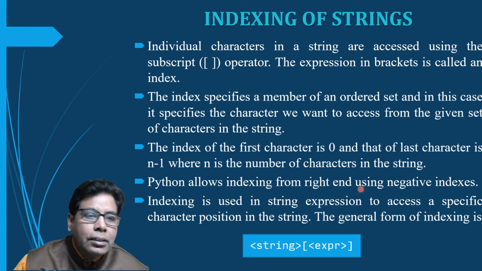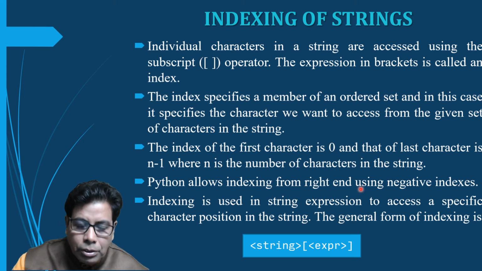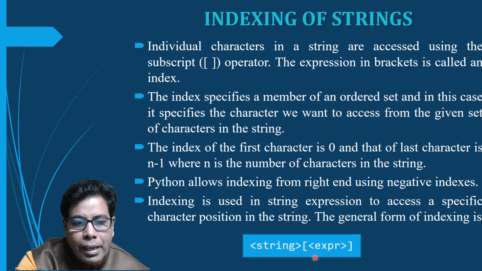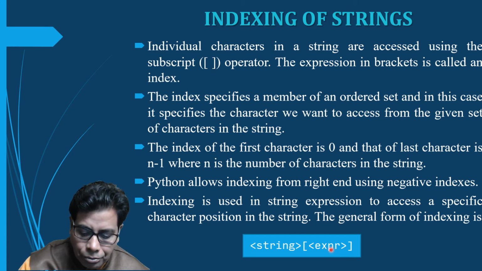Then indexing is used in a string expression to access a specific character position in the string. So here we have the string, and the bracket will have the expression, string expression, which will have an integer value, maybe positive or negative.